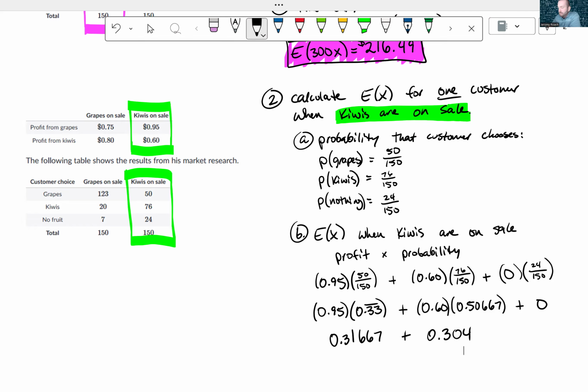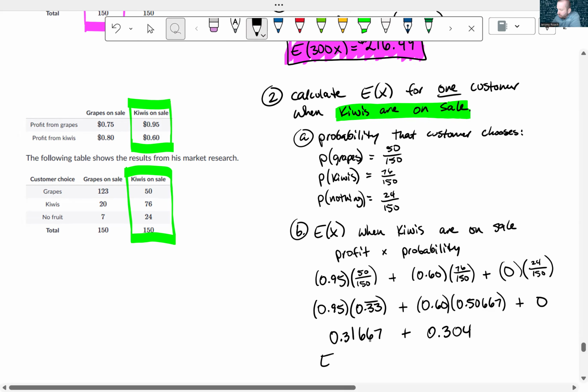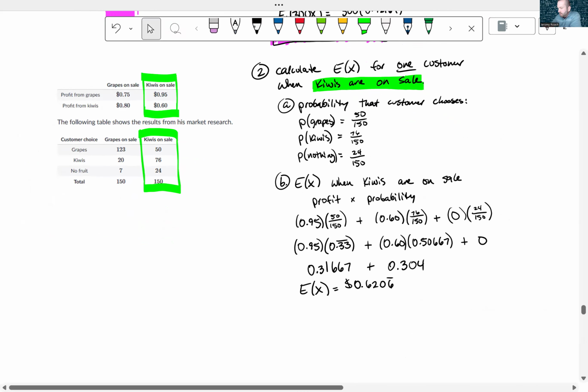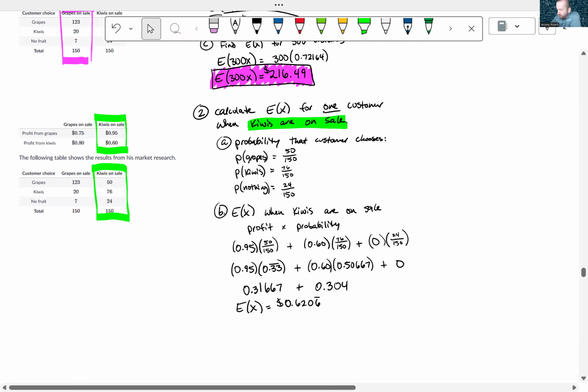Okay, and then we get an expected value for one person of 0.6206 repeating. And again, this is when kiwis are on sale. And that's, I'm just going to write, for one person. When kiwis are on sale.